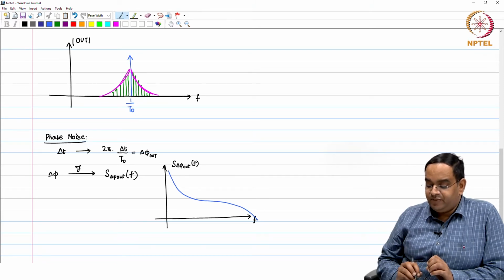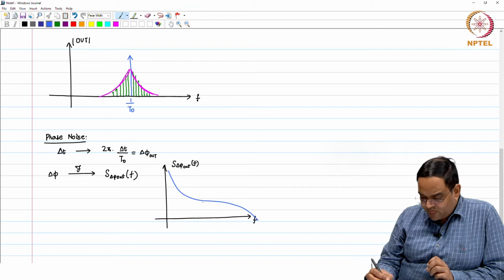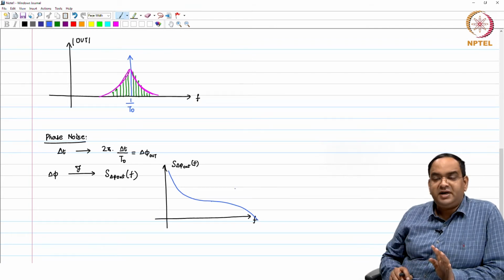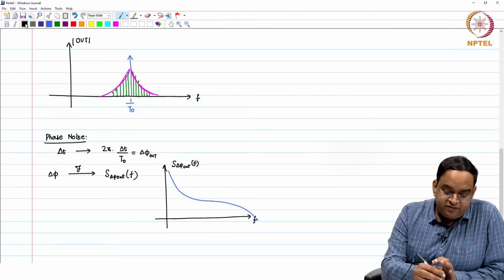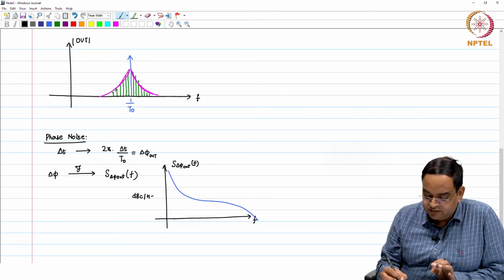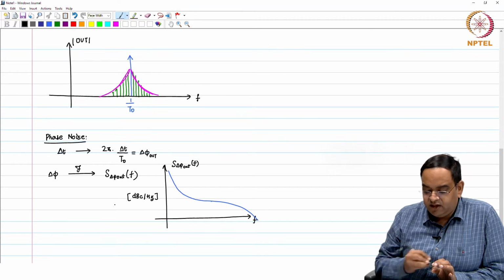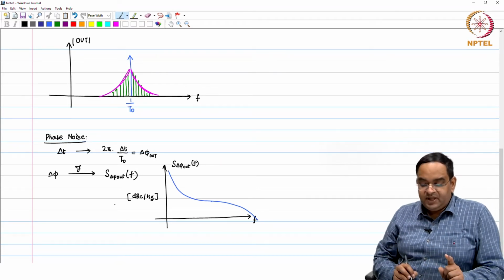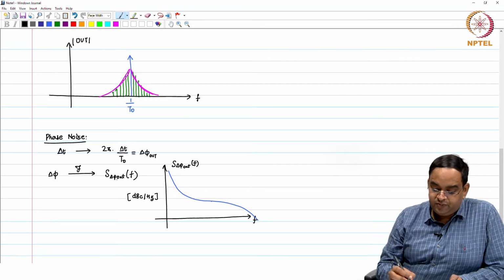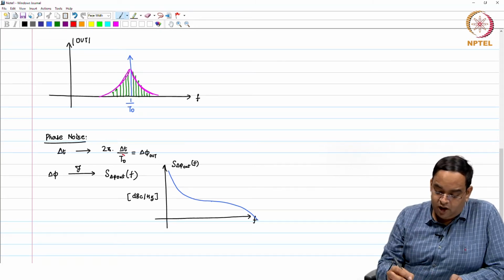The only thing you remember is that the frequency spectrum is not constant, and it is defined in units of dBc per hertz. Okay. So, remember that phase noise is defined with respect to the clock.